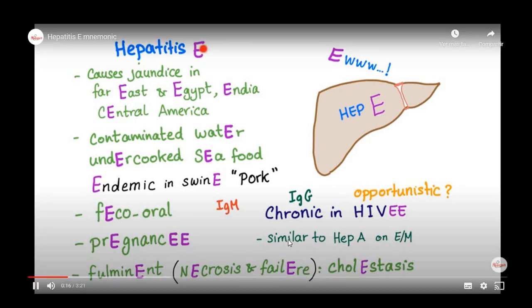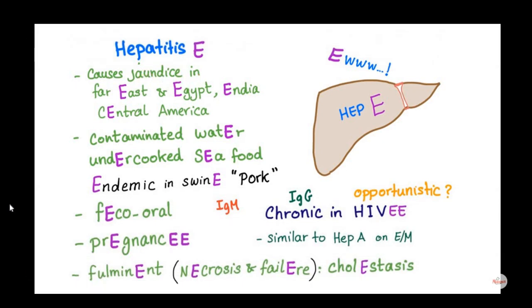Hepatitis E. Remember, EU. It causes jaundice in the Far East, Egypt, and by Egypt I mean Africa. And by the way, Egypt is my home country. India, Central America, contaminated water, ew, contaminated is ew, undercooked seafood.